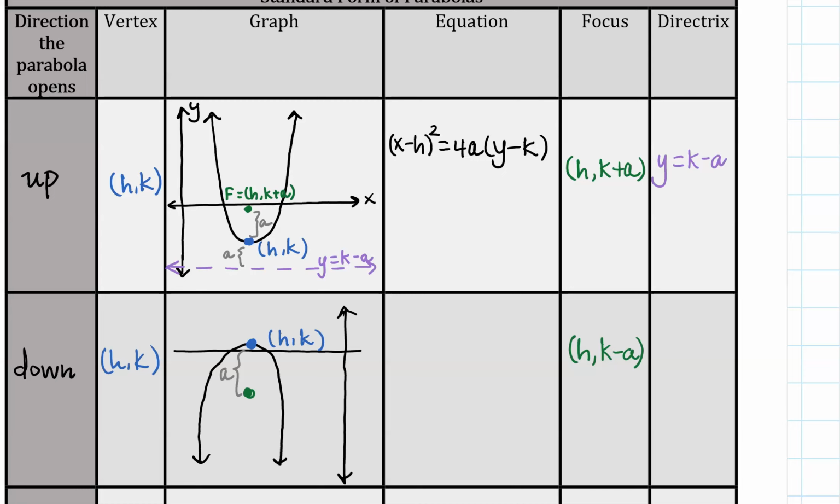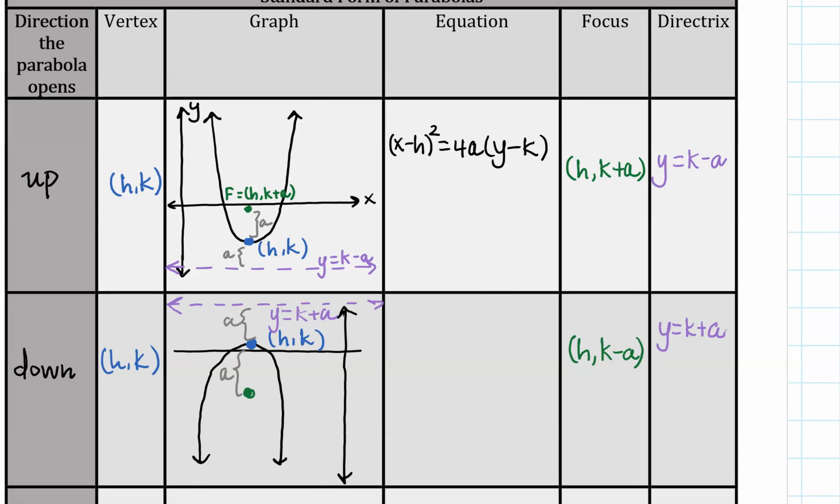The directrix will be above this parabola, up here. Remember, the directrix never touches the parabola. And the distance from the vertex to the directrix is still little a, and that line is a units above the y value of k, and so the equation for the directrix is y = k + a when the parabola opens down.